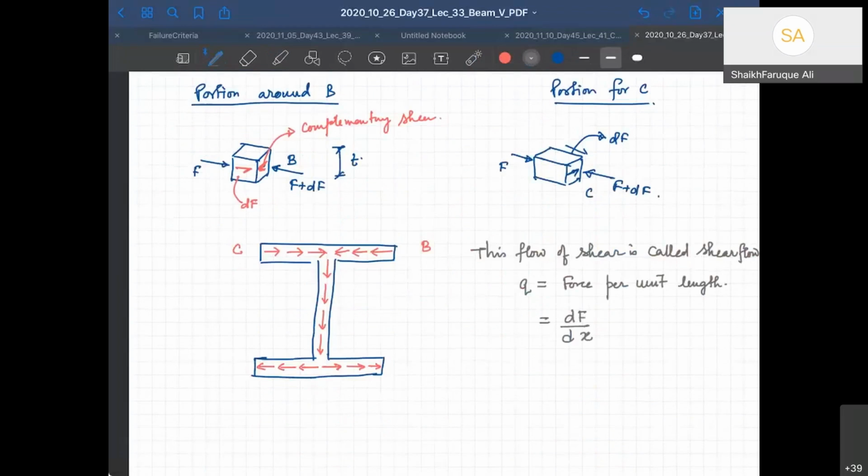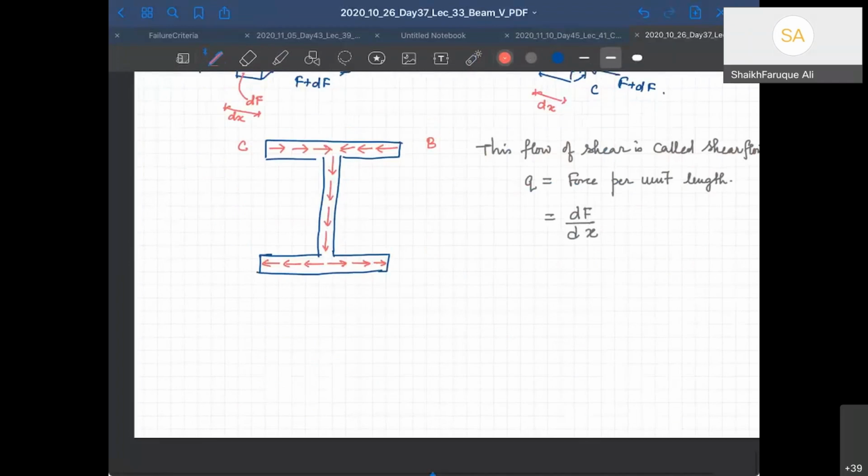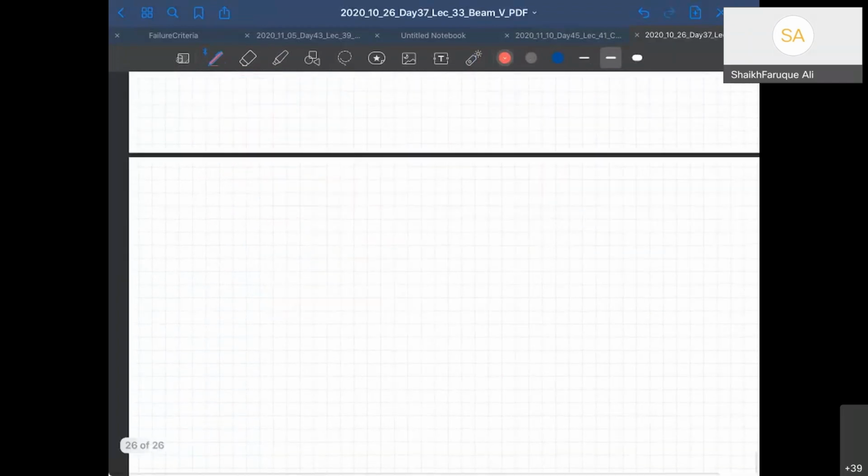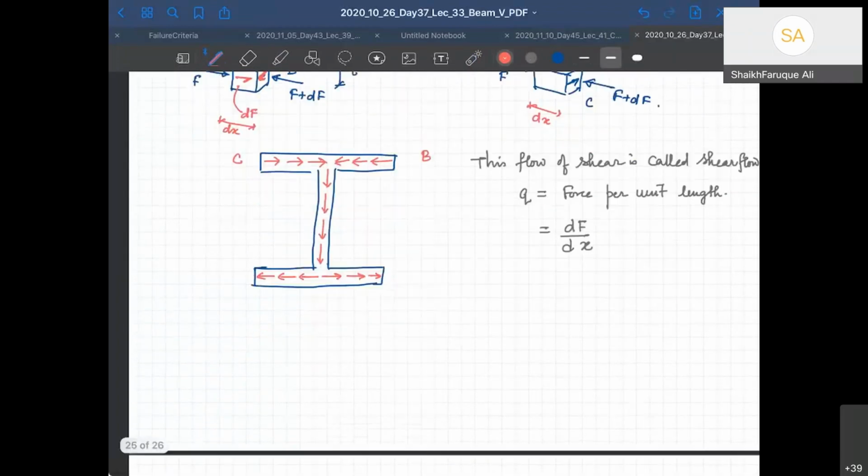Okay, so that's called shear flow. All right, so now if you want, I can write this distance as dx. It's like a flow of water or flow of a liquid from the inlet to the outlet.